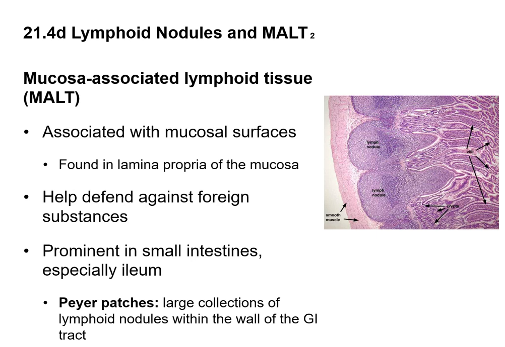So again, you find this in the intestines, in the esophagus, in the respiratory tract, you find this all over. Really where you have mucosa, you find this MALT tissue, right?